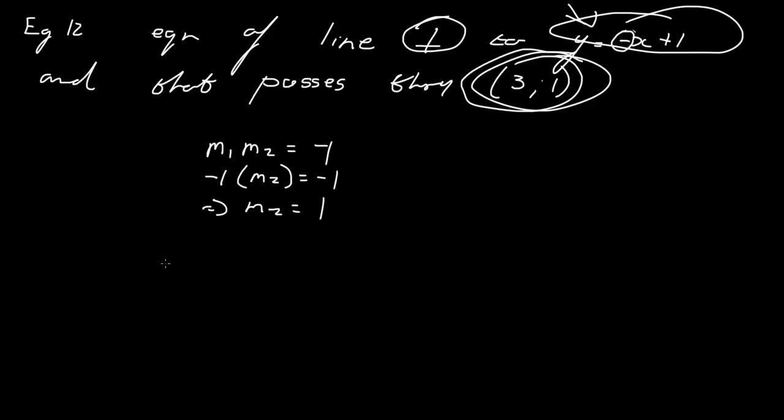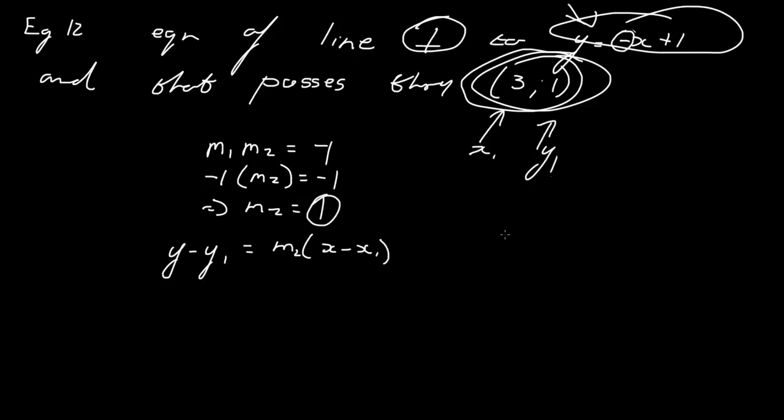So once again, we can use the point gradient form. y minus y1 equals m into x minus x1. We call that m2 because we calculated the gradient of that line and called it m2. So we'll use this point, x1, y1.